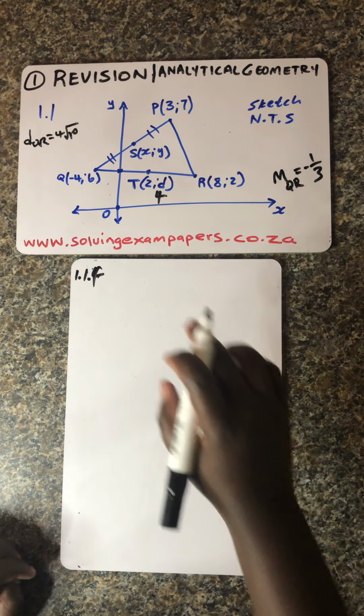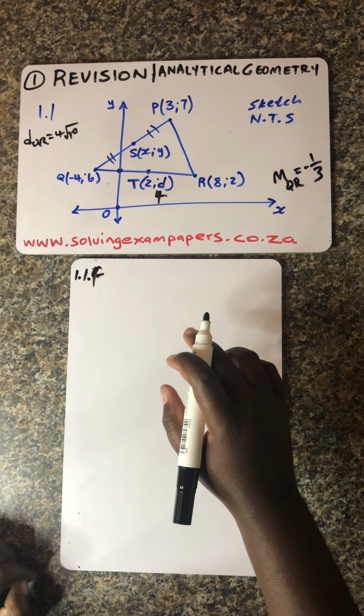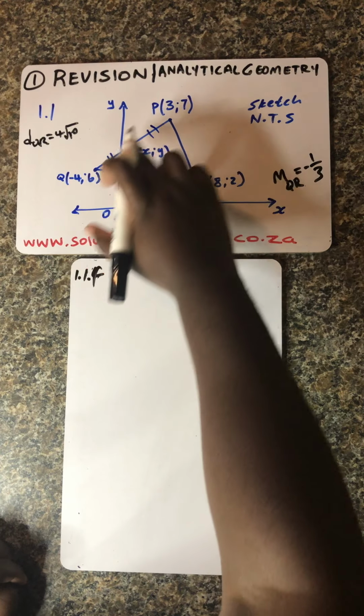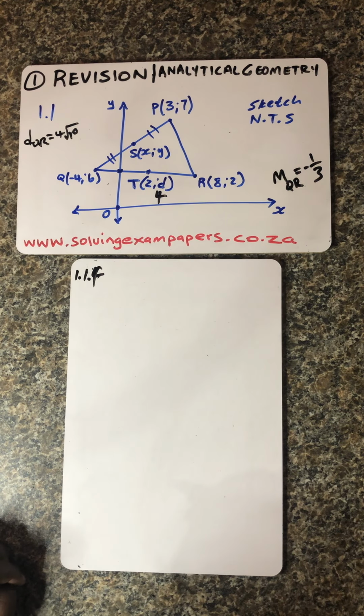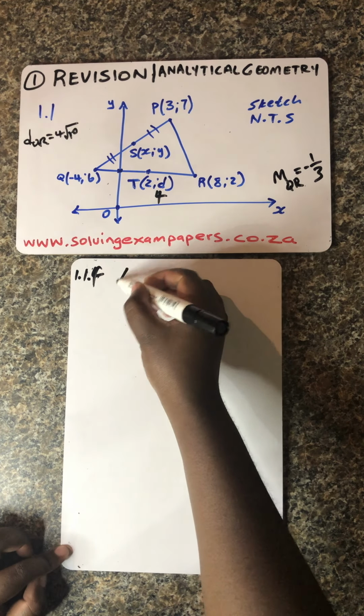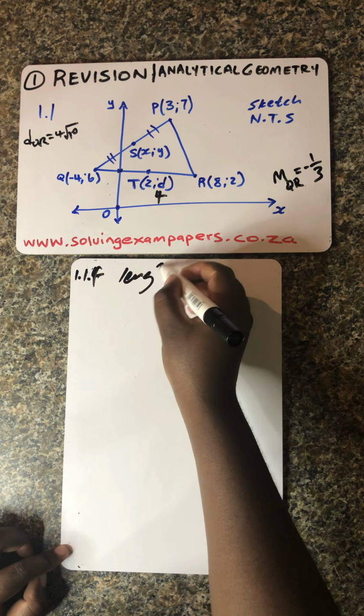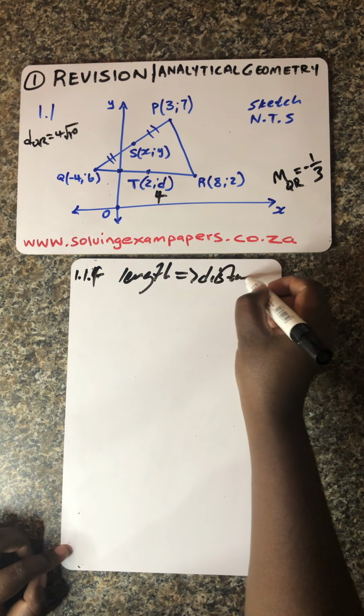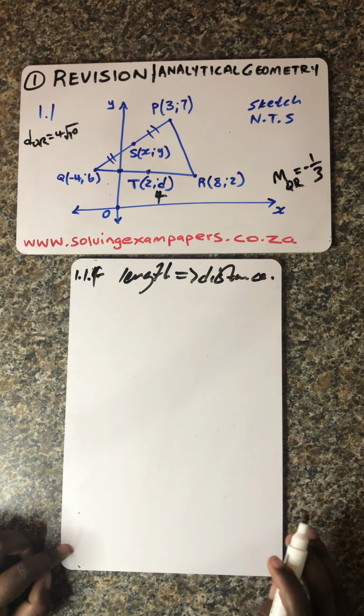So that means we are actually determining the length of QP. Very, very important, ladies and gentlemen. Obviously, because they are saying we need to determine the length. The tricky part here is that they said the length, but we know this is the same as the distance. Very, very important, ladies and gentlemen.